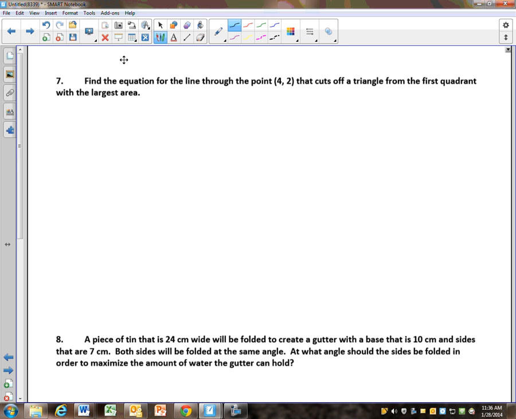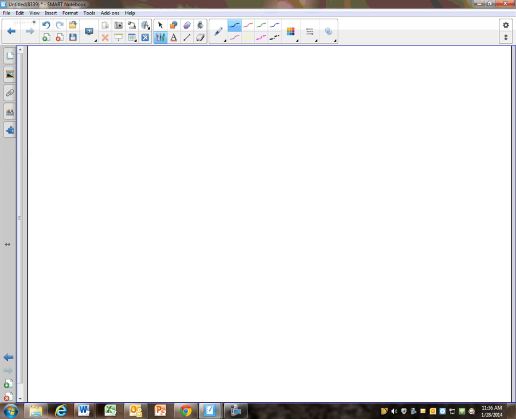So find the equation for a line through the point (4, 2) that cuts off a triangle from the first quadrant with the largest area. Ooh, boy. What do you want to do first? Okay, draw the picture. I'm going to have some extra space here, so let's draw the picture.